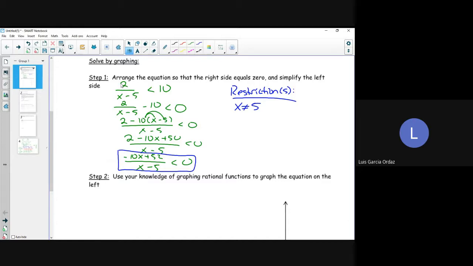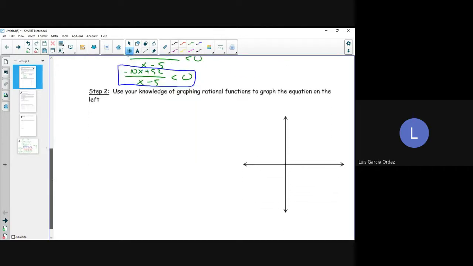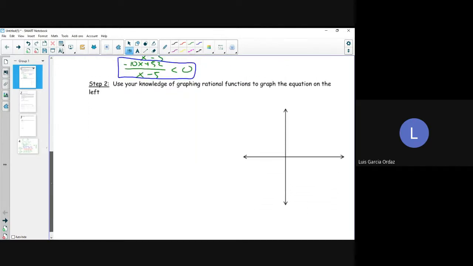So that would be our first step, simplifying the inequality from the original. Our simplified inequality is negative 10x plus 52 over x minus 5 less than 0. We can identify two things from the simplified expression.